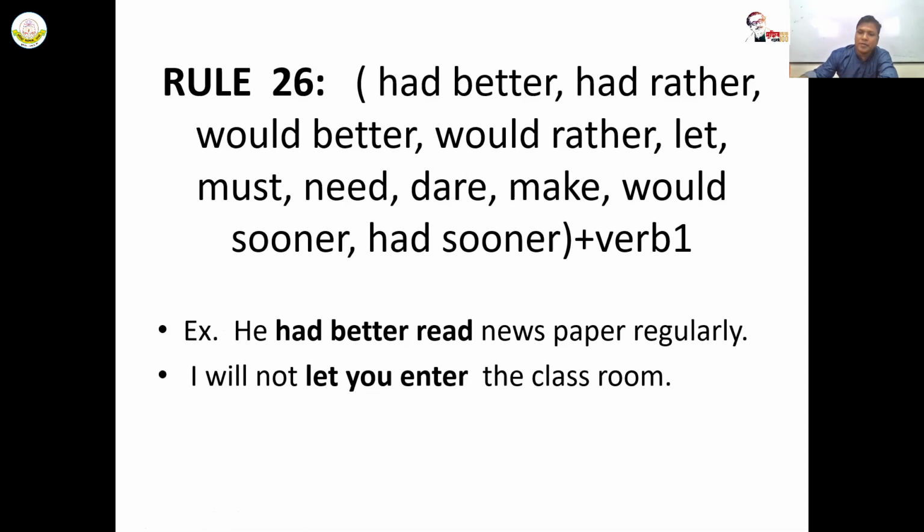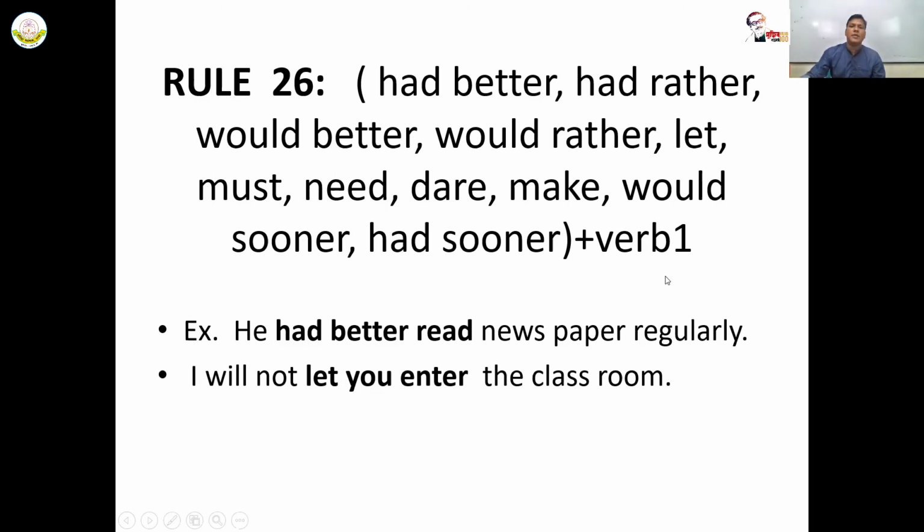That means you will find had in the past perfect tense with the participle form, but when it is conjoined with had better, you have to use the present form of the verb, that means the base form. Had better read newspaper regularly.